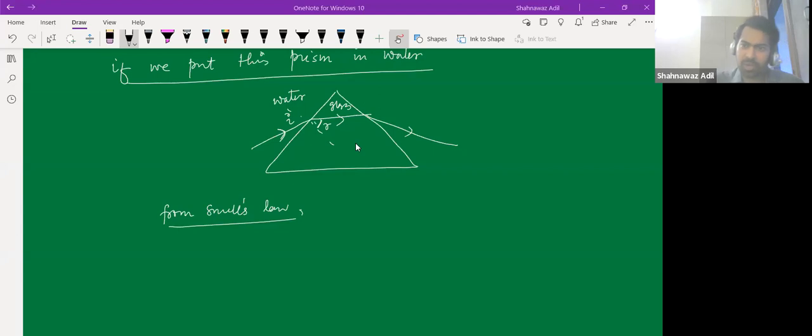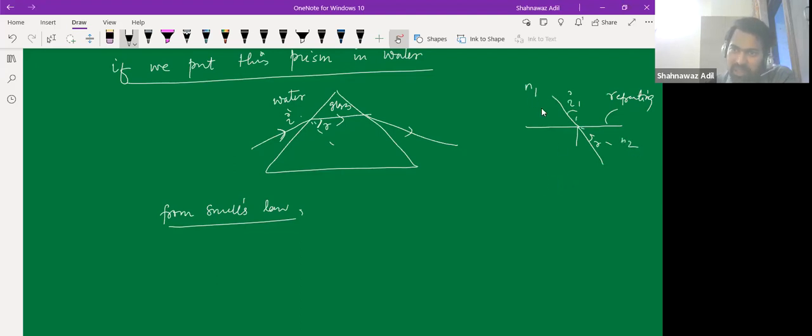What have I told you about Snell's law? Please revise. Let's say this is the angle of incidence, this is the angle of refraction, and this is the refracting surface. This is N1 medium, this is N2 medium.